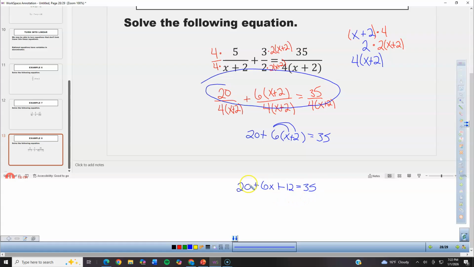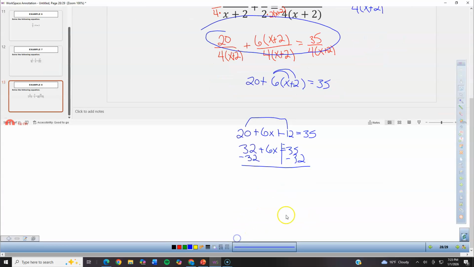Distribute the 6 through. Combine like terms. Subtract over the 32. Six x equals 3. Divide by 6. And x equals a half.